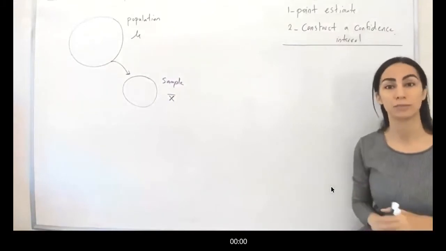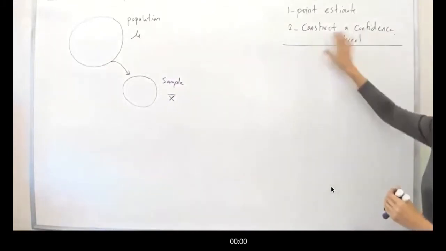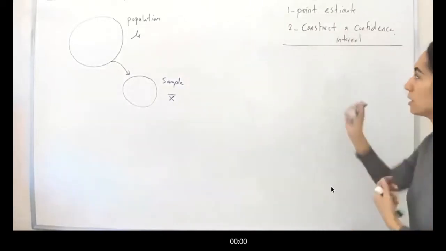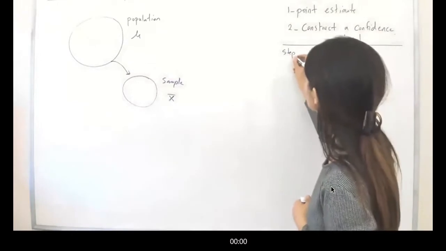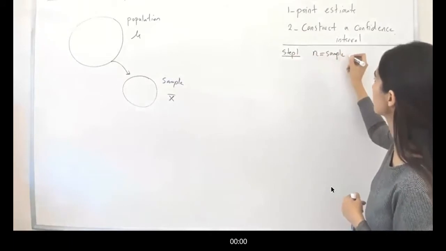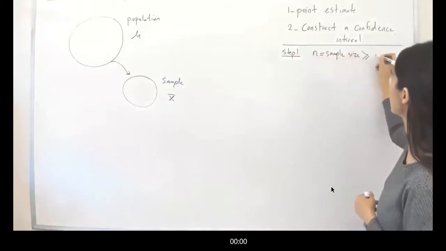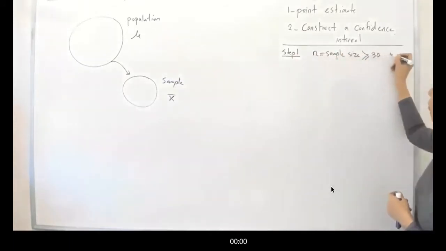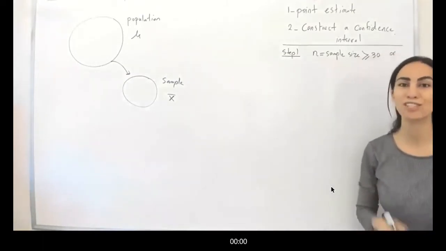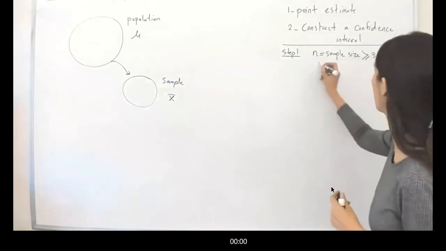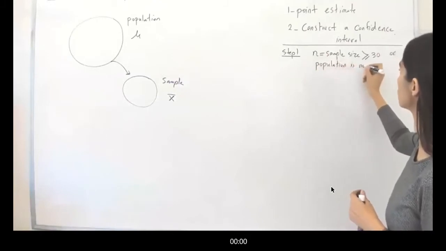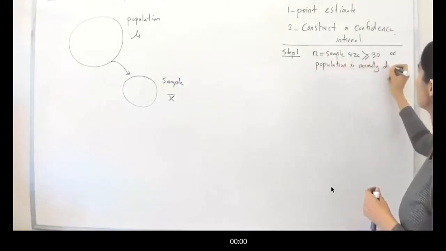Very well. We have to follow some steps to construct a confidence interval, and these are the steps. The very first step is to check to see if n, the sample size, is greater than or equal to 30, or if this condition is not met, you need to check to see if the population is normally distributed.